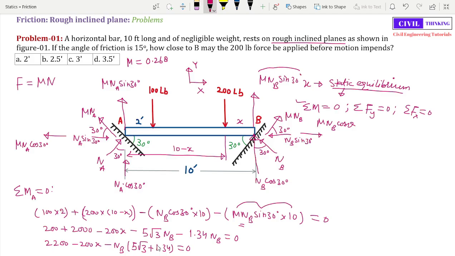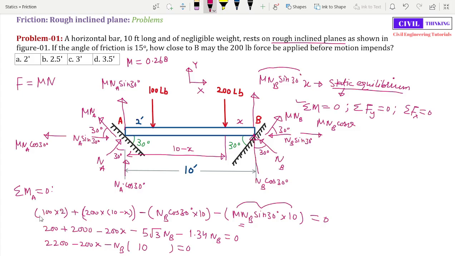Let me use a calculator. 5 square root of 3 plus 1.34, it is approximately equal to 10, okay? All of it is 10, so it is minus 10 here, okay? So it is 2200 minus 200x minus Nb, okay?